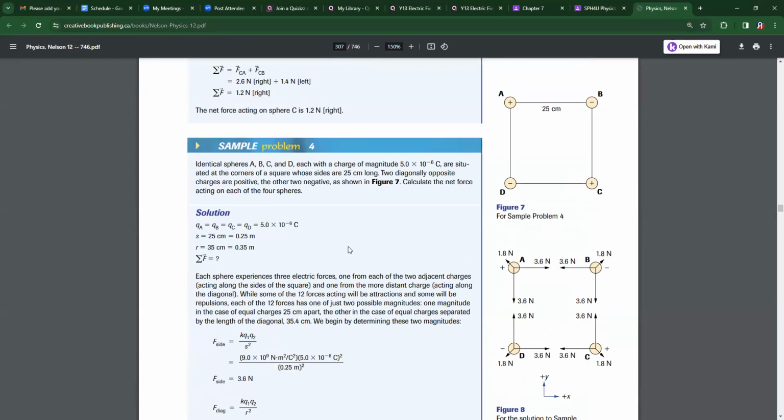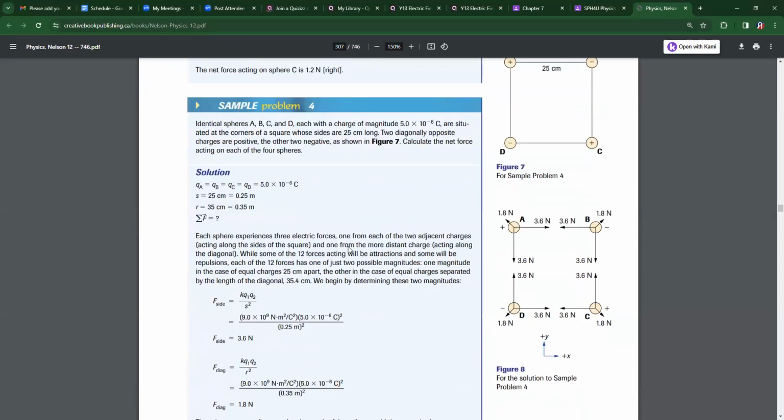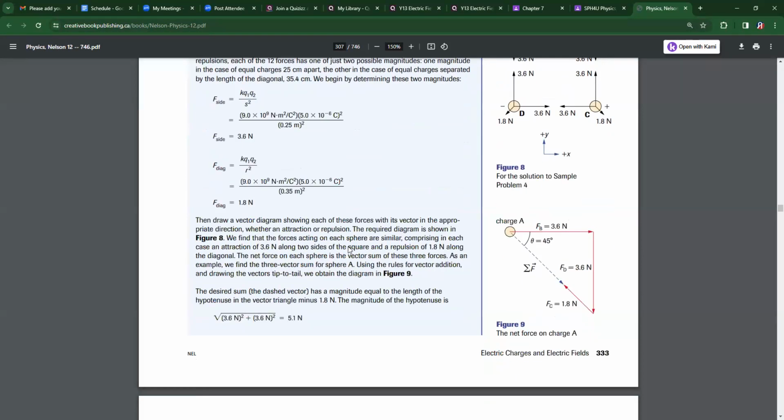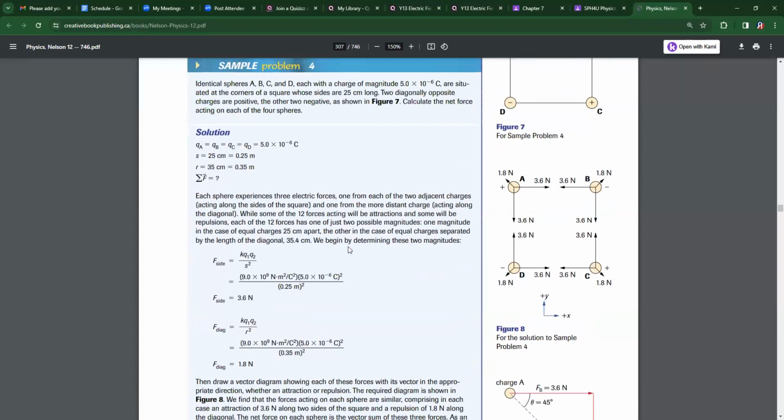When objects are not along a straight line, you need to apply basically the same idea. How do you get the resultant vector? In that example, you had four charges along a square. Two are positive and two are negative.